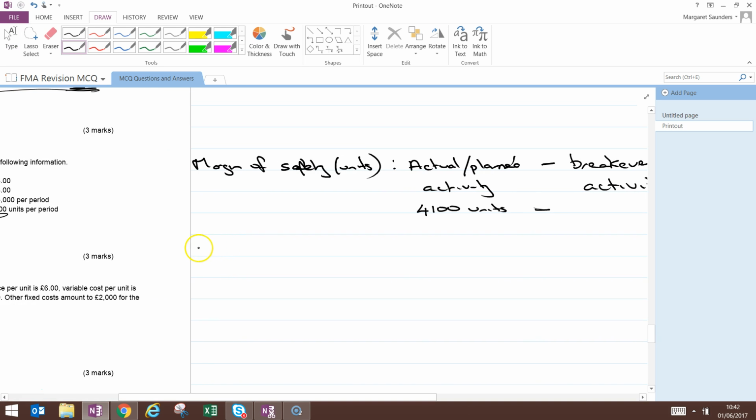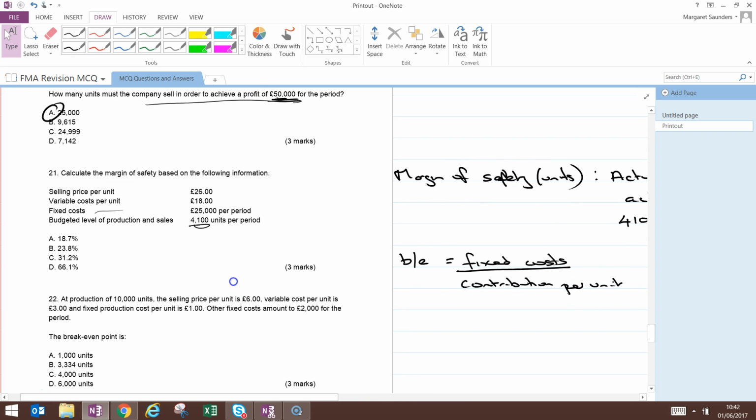So this is another formula that you need to know. So your break-even is equal to your fixed costs divided by contribution per unit. So the fixed costs, £25,000, contribution per unit, selling price minus your variable costs.